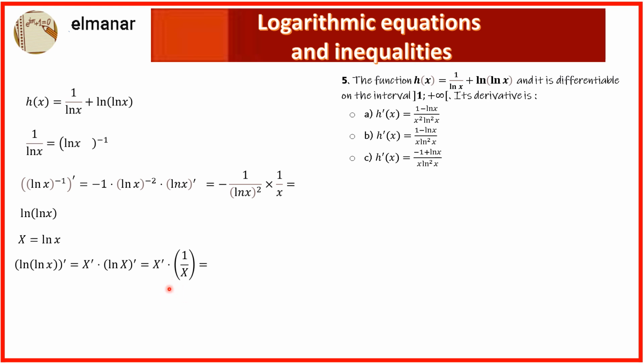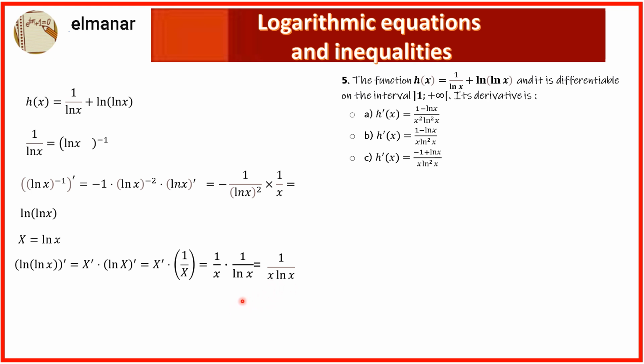Capital X prime is the derivative of the natural log of x, which is 1 divided by x. And 1 over capital X is 1 divided by the natural log of x. So it equals 1 divided by x multiplied by 1 divided by the natural log of x, which equals 1 divided by x times the natural log of x.